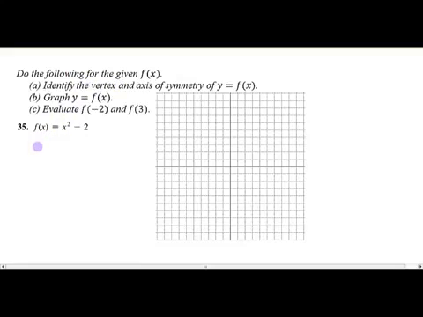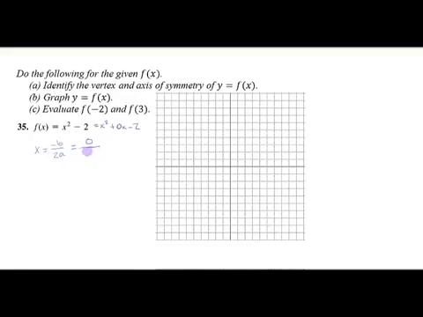Remember, we find the vertex by x first, which is -b over 2a. -b is going to be 0 because I don't have a plain x term, so it must mean that this equation is actually x squared plus 0x minus 2. So the b is 0, and negative of b is still 0.